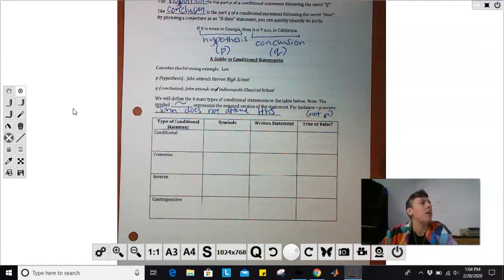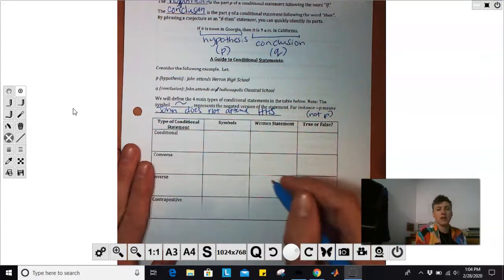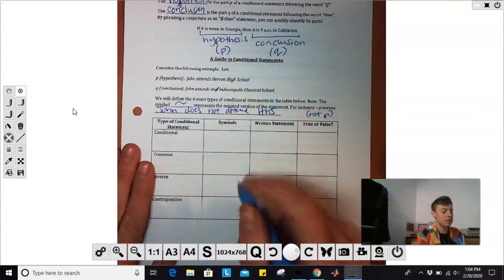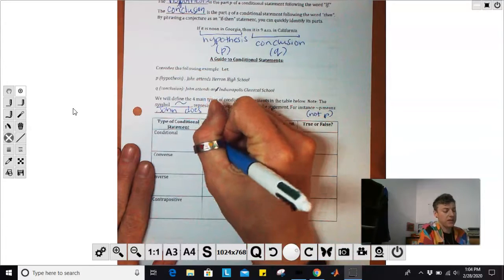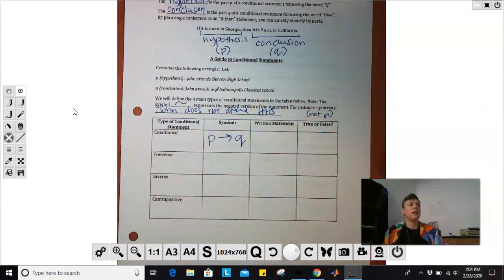Okay, cool. We've got these four types of if-then statements that we can make. Our original conditional, we'll write it out in symbols. It'll be if P, then Q. So P and then the arrow Q. That's our conditional statement.